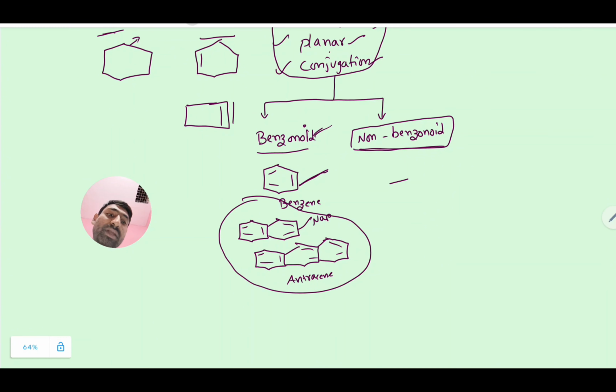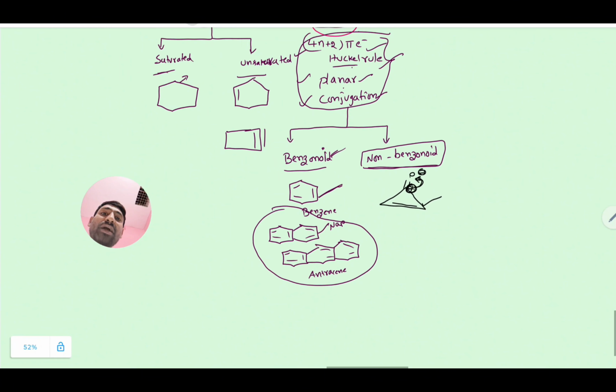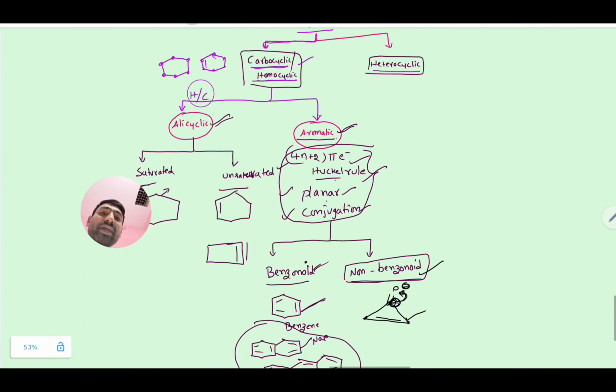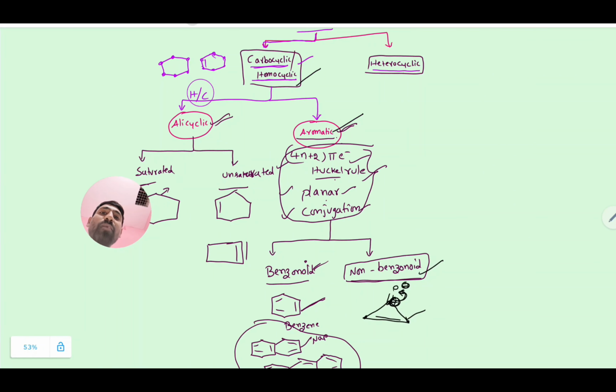For example, take a compound like this: the oxygen will get a negative charge, and here that carbon will get a positive charge. This aromatic compound has no benzene ring. It contains only carbon and hydrogen within the ring. That's why this is a non-benzenoid aromatic carbocyclic compound, guys. I hope you understand what I am discussing.